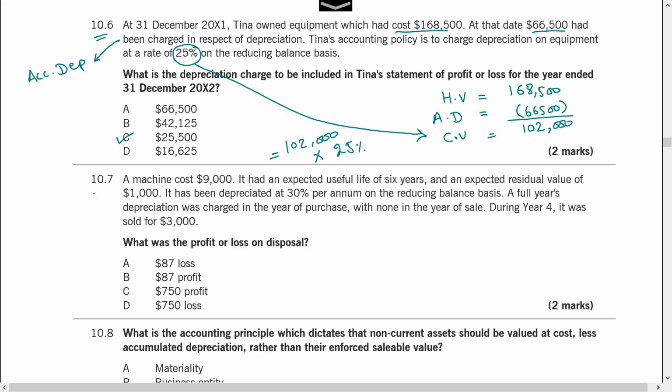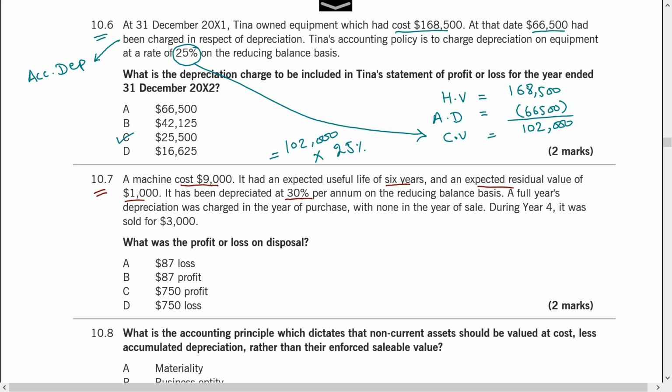Now next we have question number 7. What was the profit or loss on disposal? A machine cost was this amount. It had an expected useful life of 6 years and an expected residual value of this amount, which is $1,000. It has been depreciated at 30% per annum on reducing balance method.